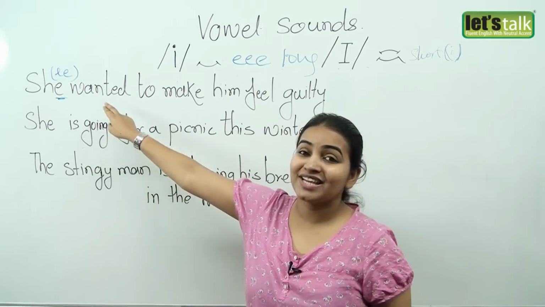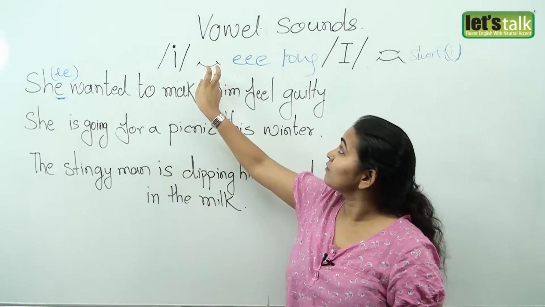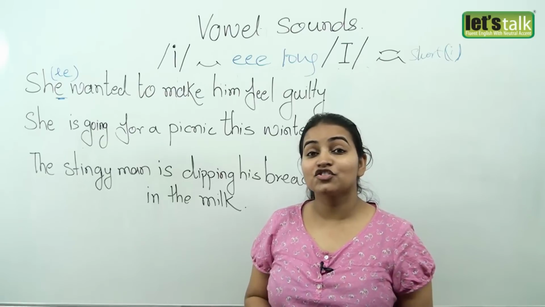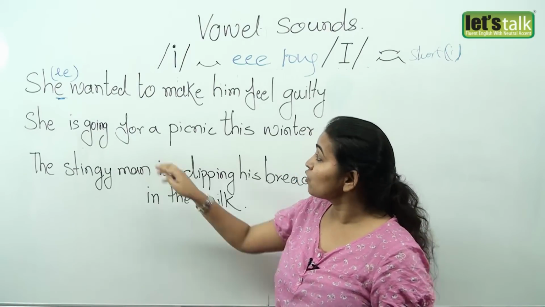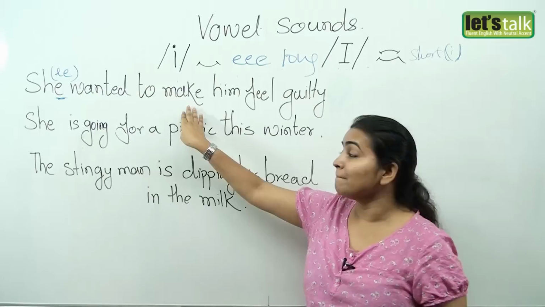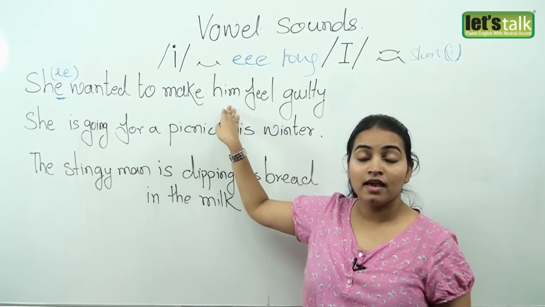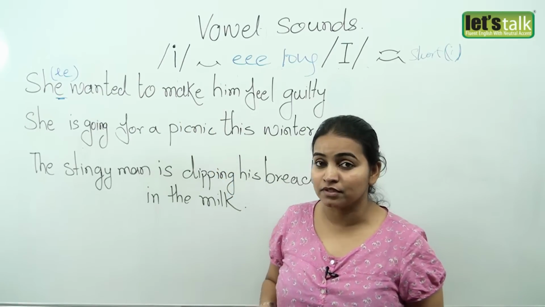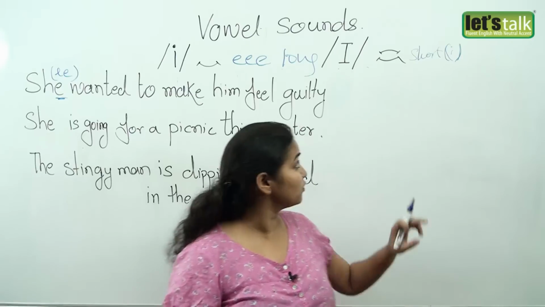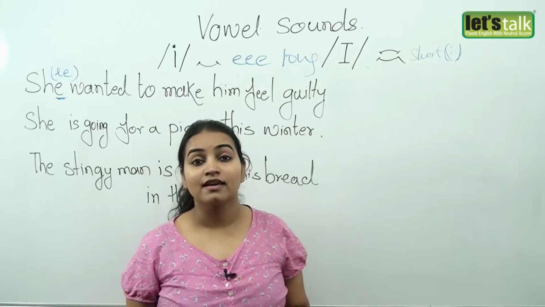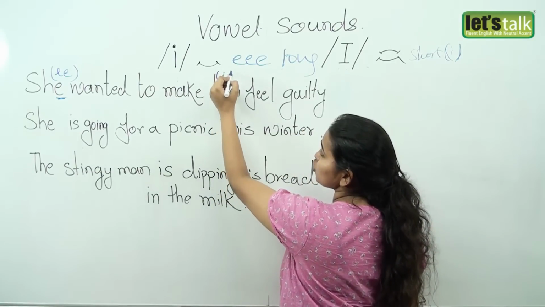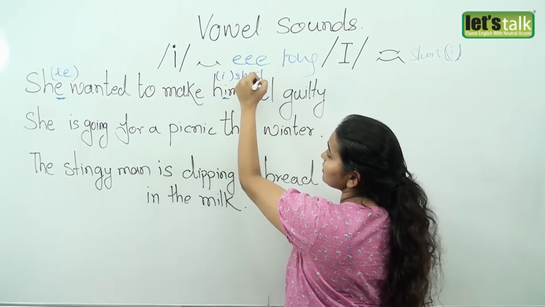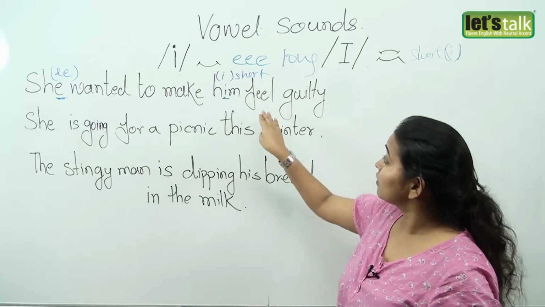So she is the long E sound, which is the first vowel sound we discussed. Wanted to make him. I don't say him, do I? But I do use the short I, so I say him. And my I gives me the short I sound in this sentence.